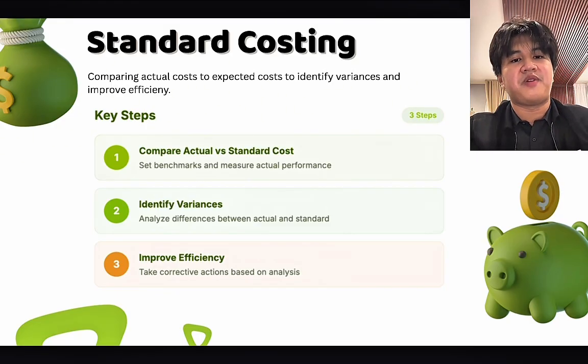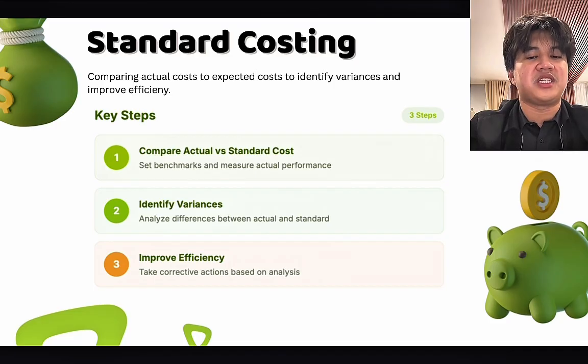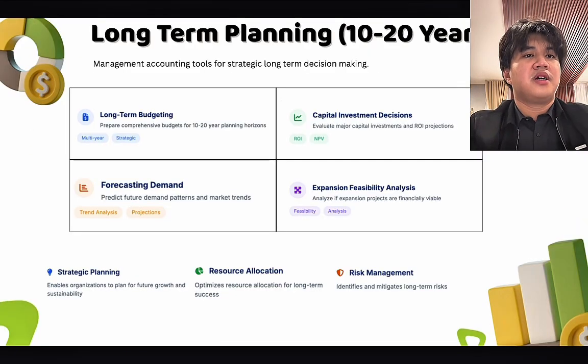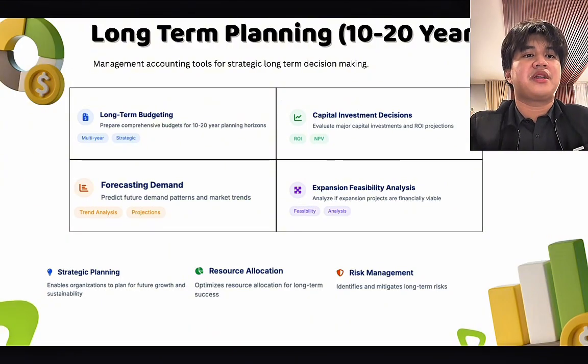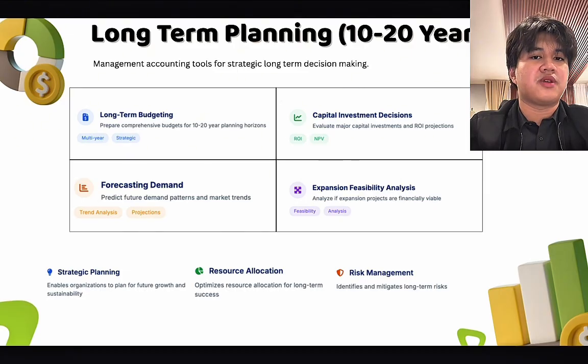This will help improve the cost and operational efficiency. So, how it helps plan for the 10 and 20 years ahead. Management accounting also helps decision makers plan for the next 10 to 20 years.